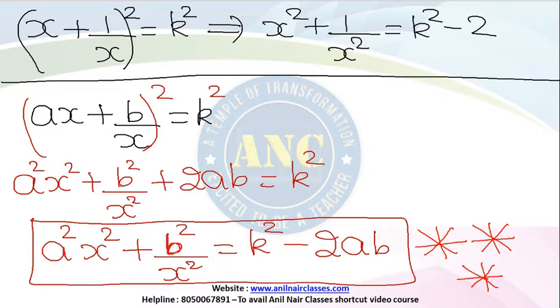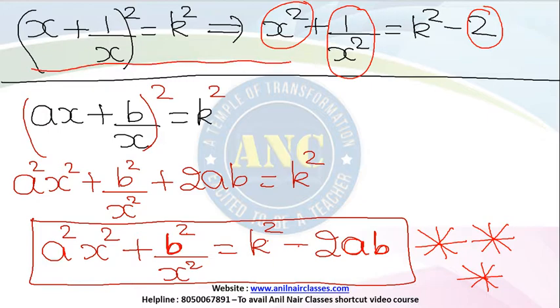If I put a and b values as 1, a square x square is 1 square x square, that is nothing but x square. b square by x square is 1 square by x square, that is nothing but 1 by x square. k square minus 2 into a value is 1, b value is also 1. 2 into 1 is nothing but 2 itself. So this particular condition I have written at the top of the screen is actually derived from this itself.